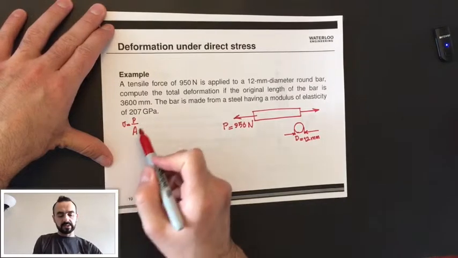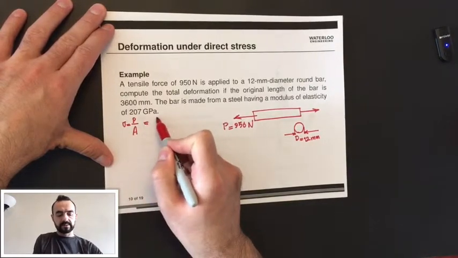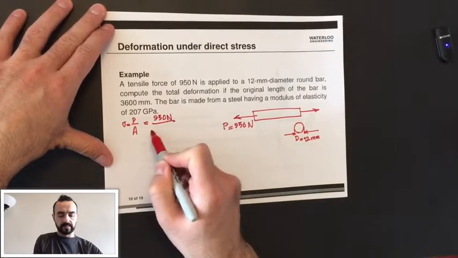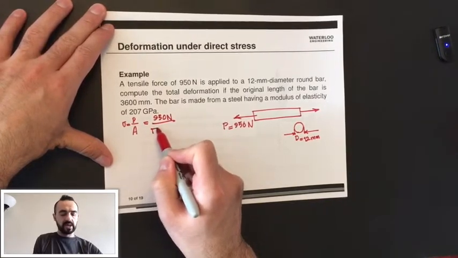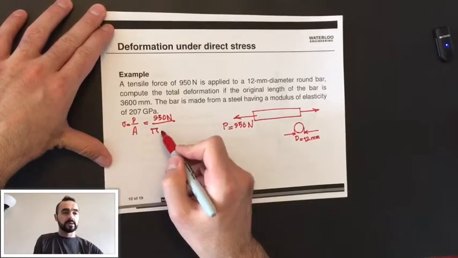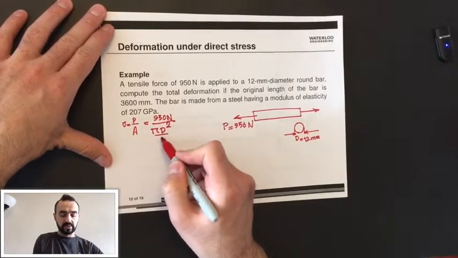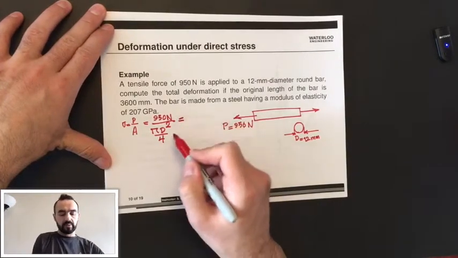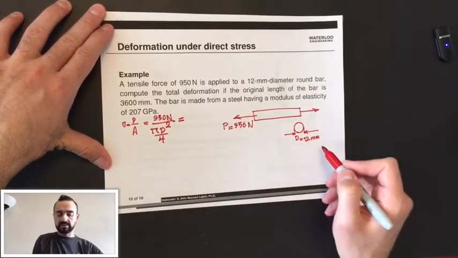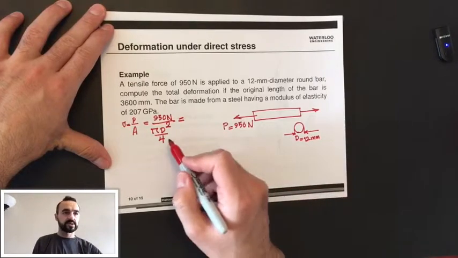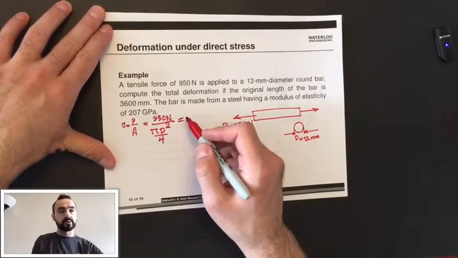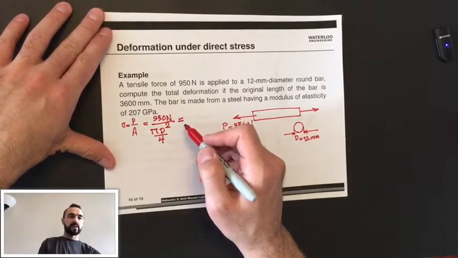Then sigma is equal to P over A, so it is 950 Newton over A, and A is pi d squared over 4. Because we have the unit in millimeters, the sigma we compute is going to be in megapascal.